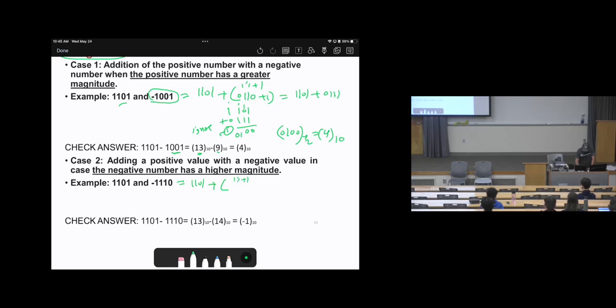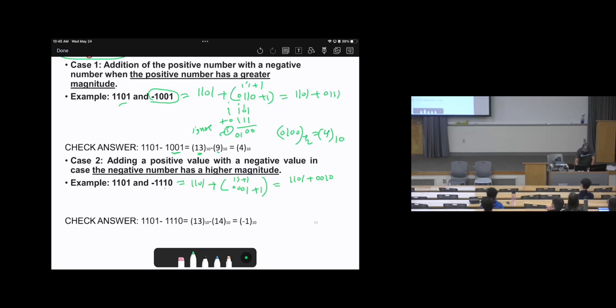So 1 here will be 0, this one will be 0, the third one will be 0, the fourth digit will be 1, then plus 1. Again, we add plus 1 because we need to convert to the 2's complement, not the 1's. So it will be 1101 plus 0010, because 1 plus 1 will be 10.